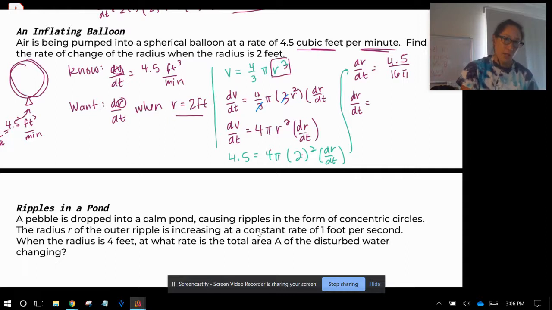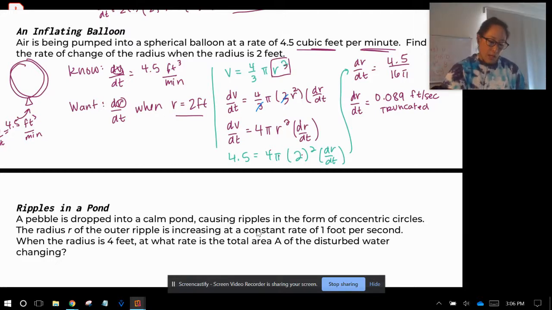So the radius is changing at a rate of 0.089 feet per second. Or this is truncated, so that means just chopping off the end of the decimal. Rounded is 0.090 feet per second. So either of these are legal on the AP test, truncated or rounded.